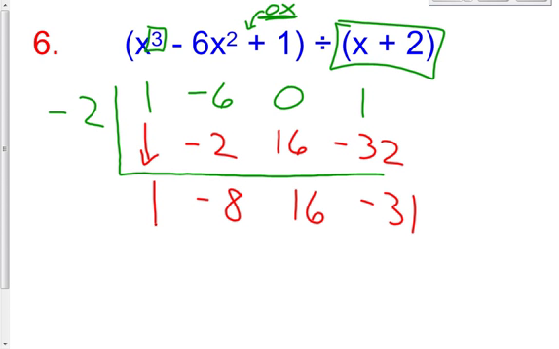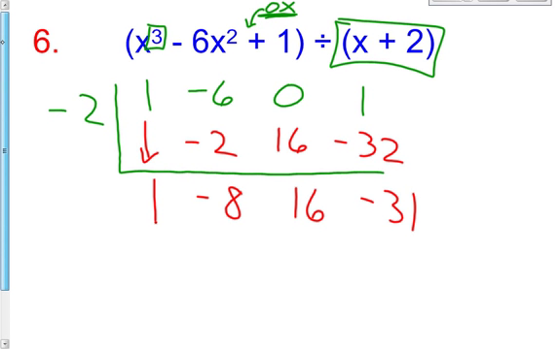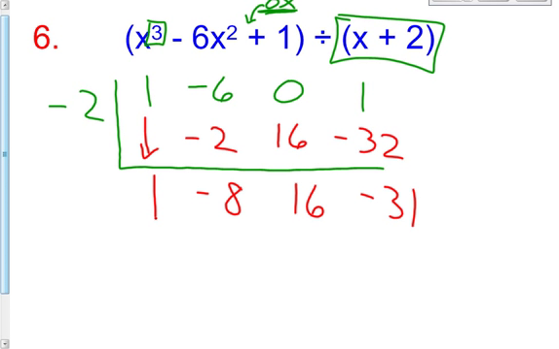Now remember, our answer isn't 1, -8, 16, -31. That's just silly. These numbers represent our coefficients, from 1 degree down from the highest power of x, which sounds confusing, but it's not so bad. Our highest power of x is this x cubed.